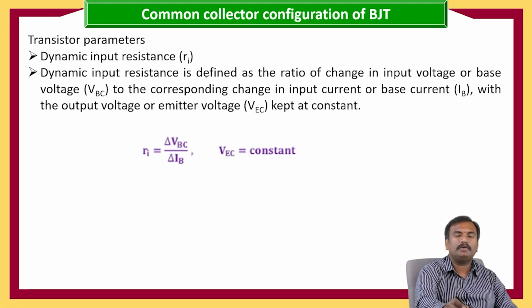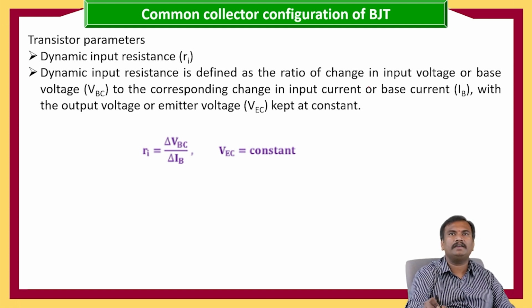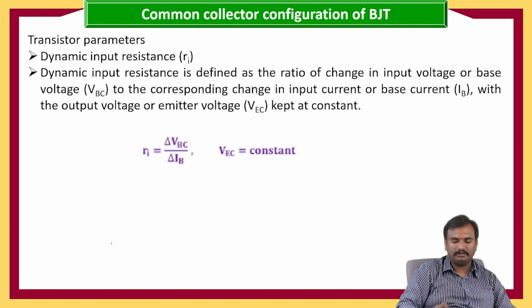The dynamic input resistance is defined as the ratio of change in input voltage or base voltage to the corresponding change in input current or base current with the output voltage or emitter voltage kept constant. Here Ri is equal to delta VBC by delta IB, where VEC value is constant.